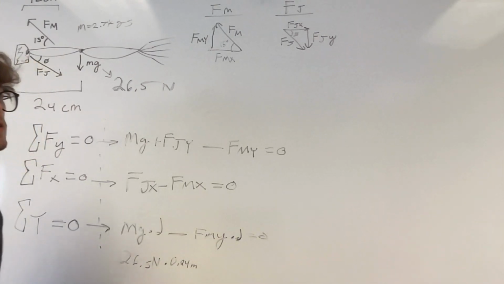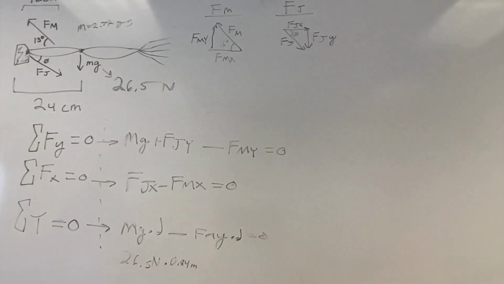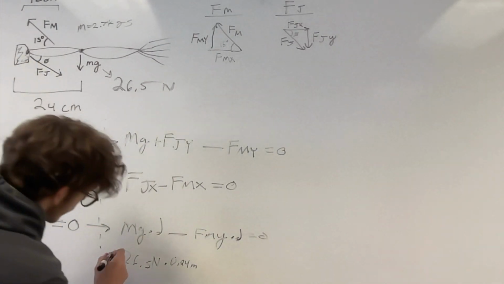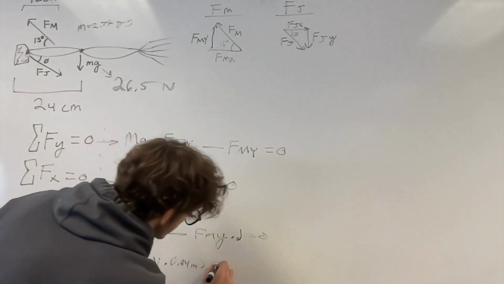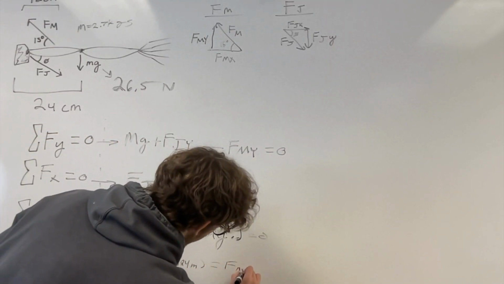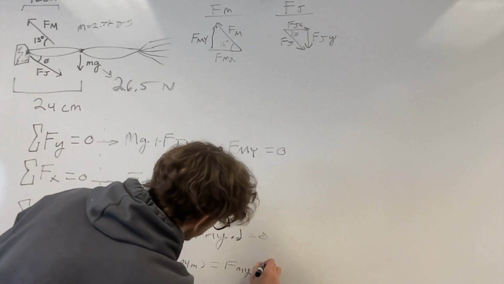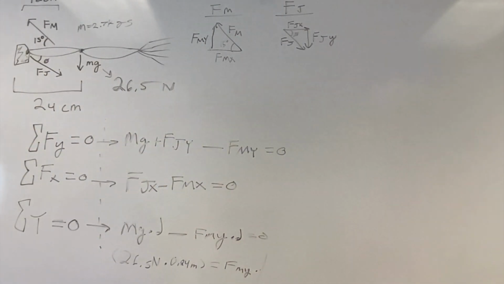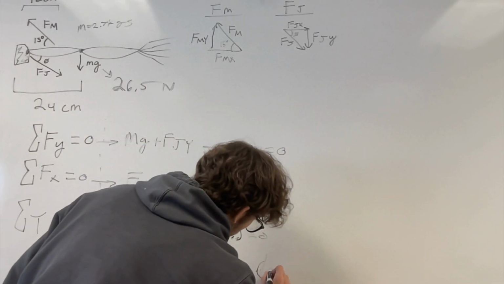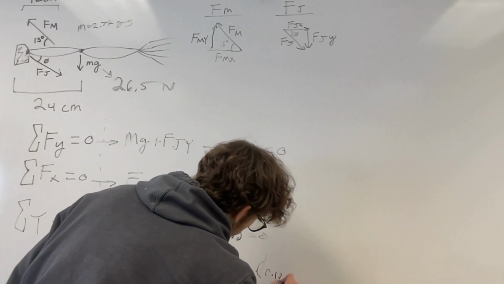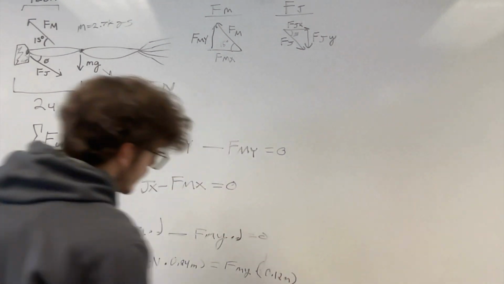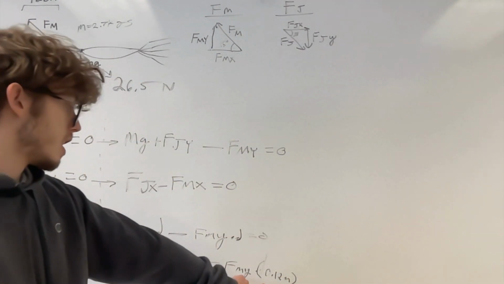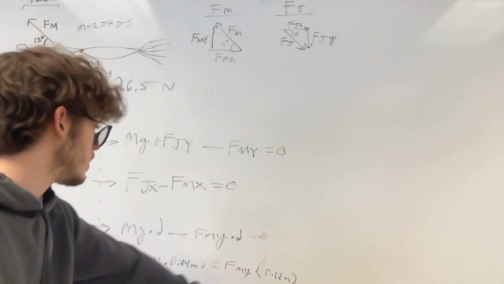Because newtons are not expressed in centimeters but meters, so we have to make that conversion. Be a little careful there. That is equal to F_m of y times the distance, and our distance here is 12 centimeters, which is 0.12 meters. Because this is a product and F_m of y is the variable we don't know, we have to divide.